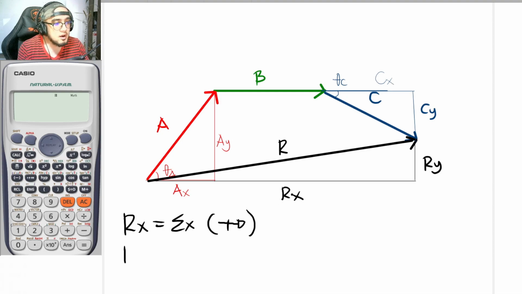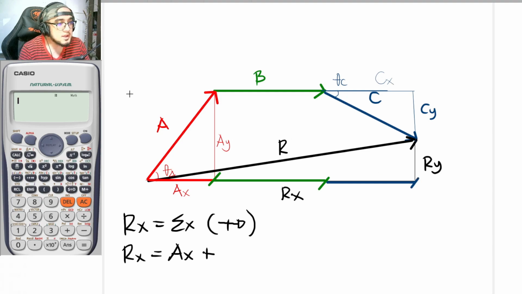For your Rx, that is now equal to Ax plus, for horizontal, once again, we are just getting this particular summation here. That is equal to Ax plus Bx plus Cx.